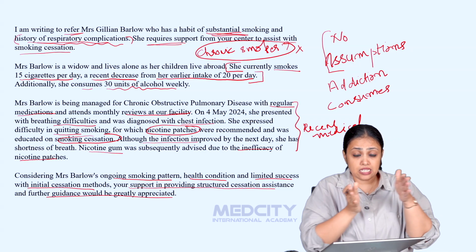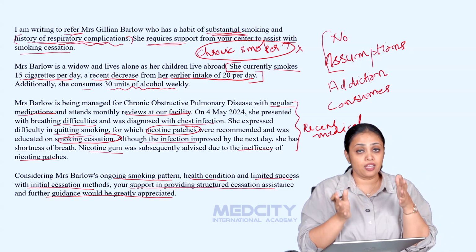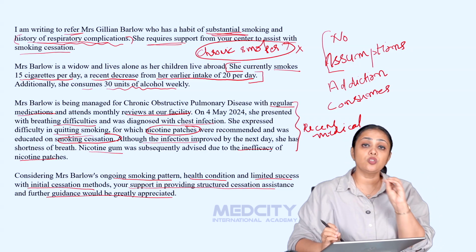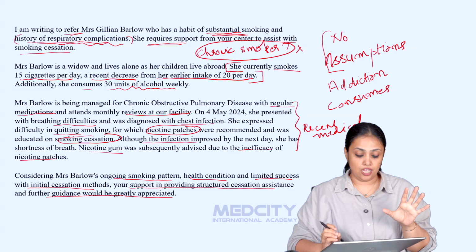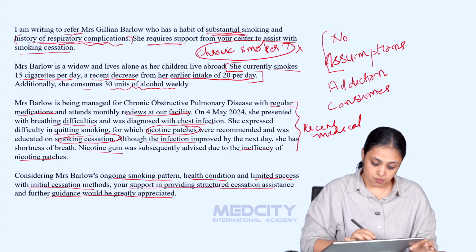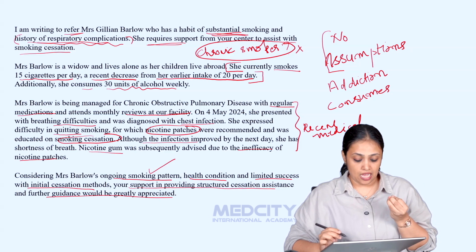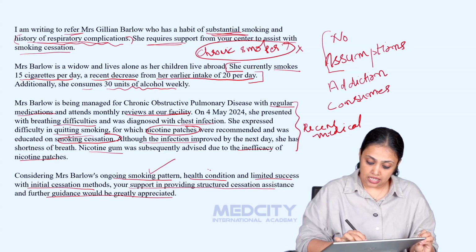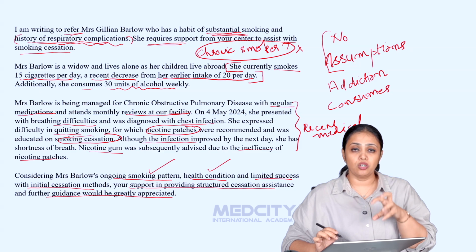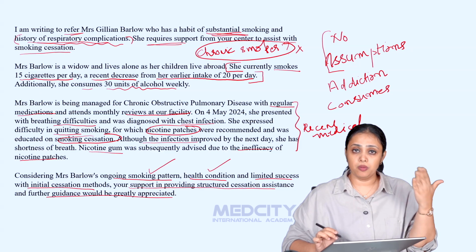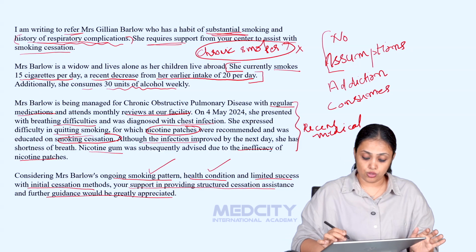Here we have extended the recommendation paragraph, how, by again taking ideas which are very clearly given in the case note. Considering Mrs. Barlow's ongoing smoking habit, yes, she's not able to get over that habit. So yes, because of that and health condition, she still has shortness of breath, all those problems, plus COPD is there. So that also you have included.